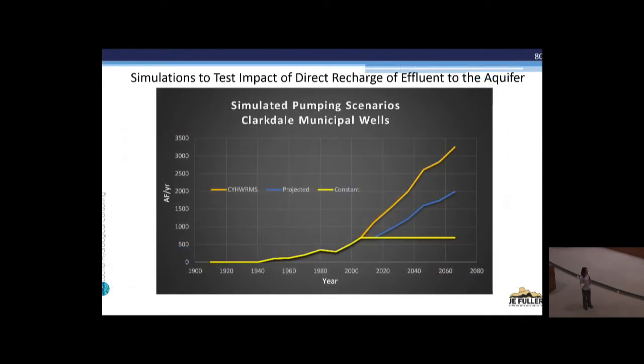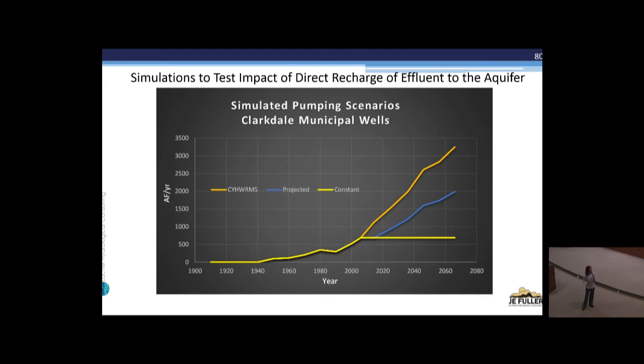So we ran the pumping scenarios. We had sort of a high extreme scenario of the early 2000s when everybody's growth was going gangbusters and Clarkdale was going to be Manhattan next week. Everybody in the Verde Valley was expecting this. And really what happened was this or this.